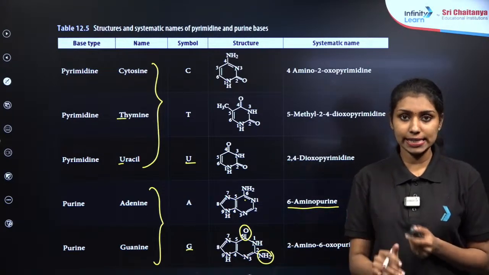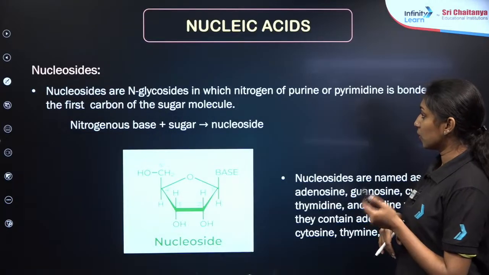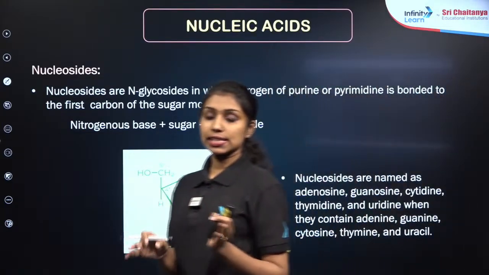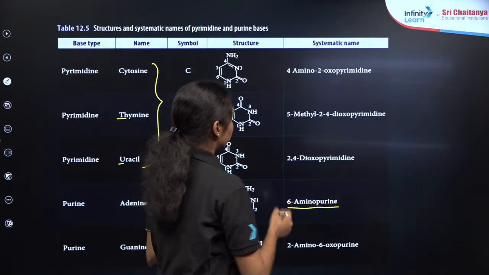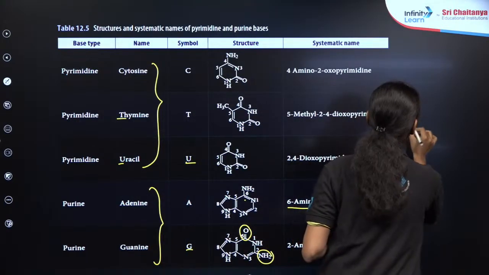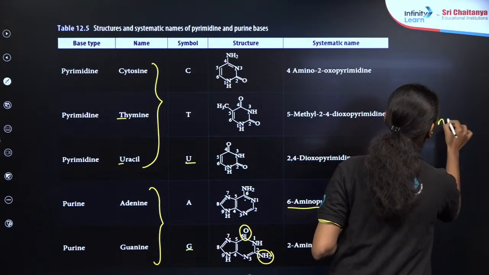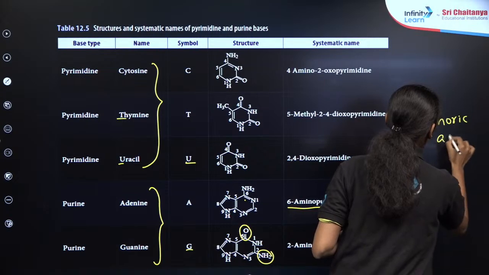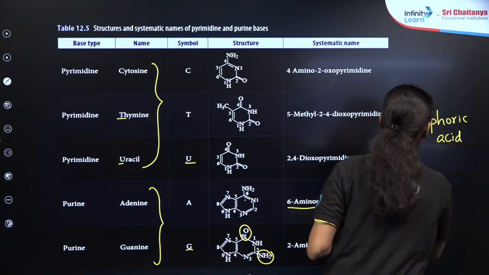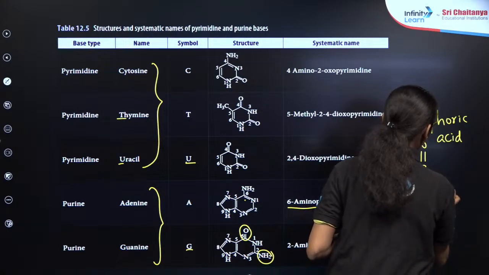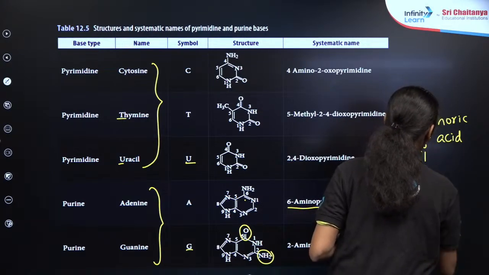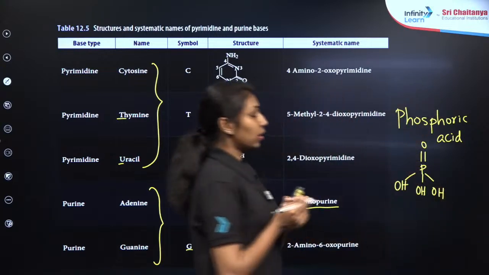We have already seen that it is H3PO4. This contains 3 OH groups and 1 oxo group or double bond O. So it is known as phosphoric acid.